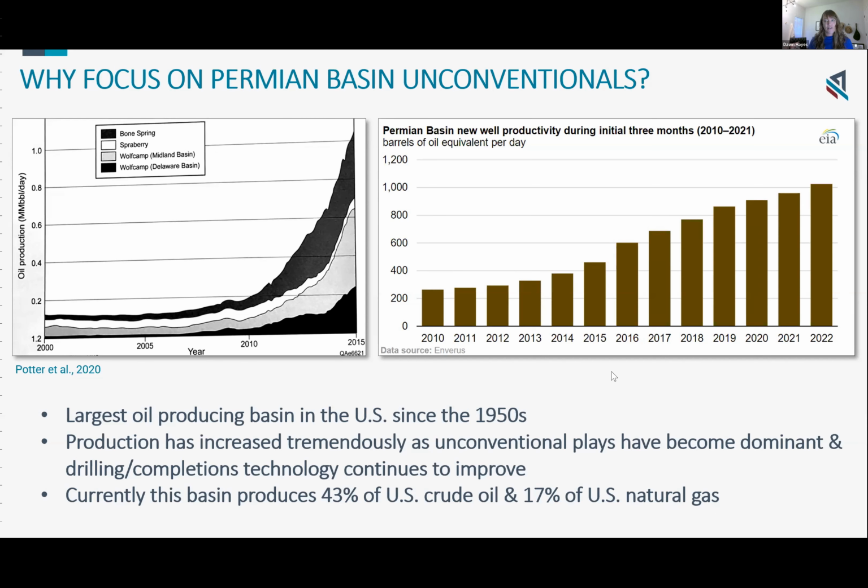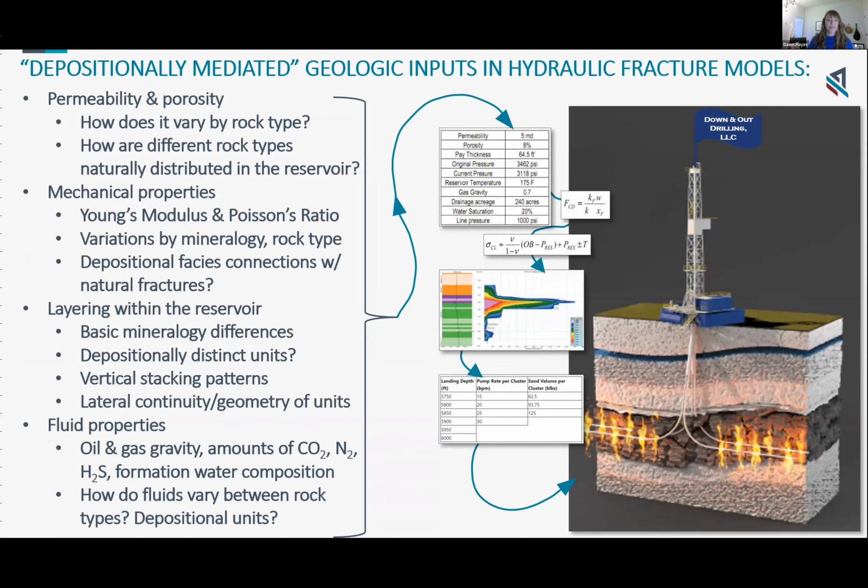Also, since 2015, as everybody who is familiar with the basin might know, there has been a really, really large increase in production and in the productivity of new wells coming on. And almost all of those are horizontal, hydraulically fractured in these unconventional plays. So super important basin, currently producing 43% of US crude oil and 17% of natural gas. So those are some of the reasons I'm focusing on this one.